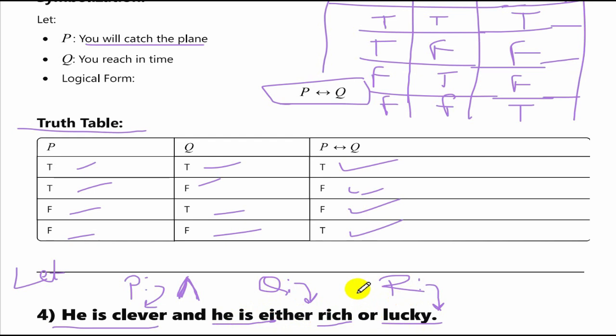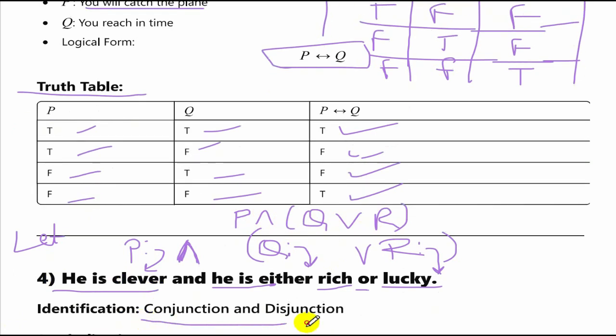Now OR is symbolized by this symbol. Okay, and either rich or lucky is symbolized like this. So now we have a complete symbol format. So P and Q or R, this is our symbolization. Okay, and this is conjunction and disjunction.